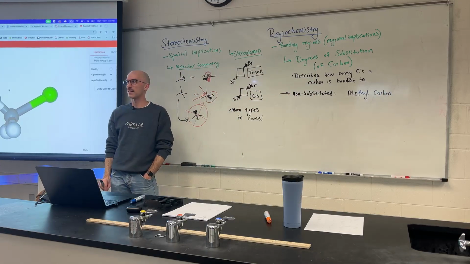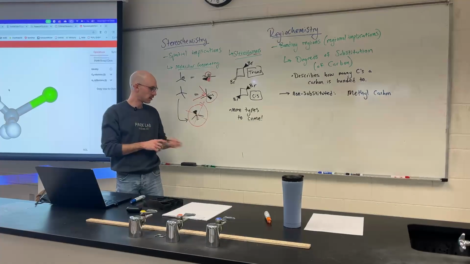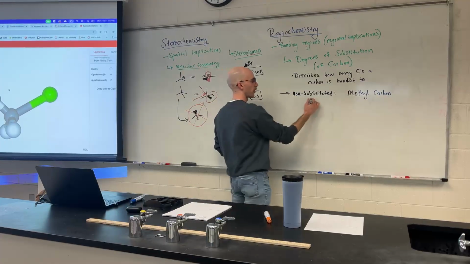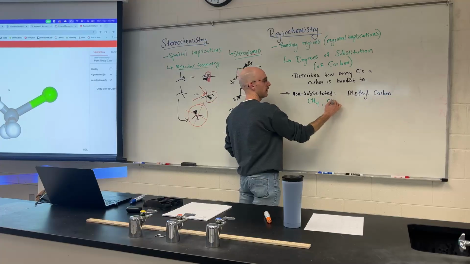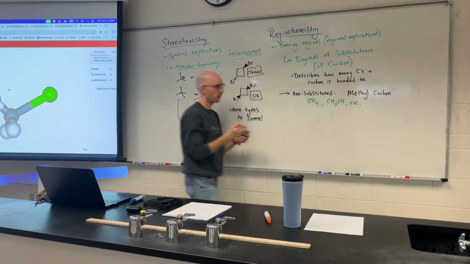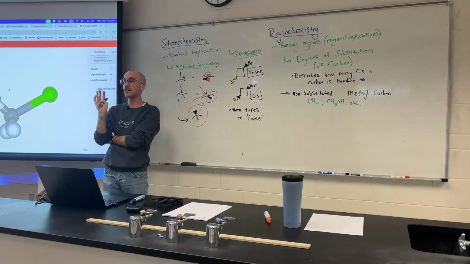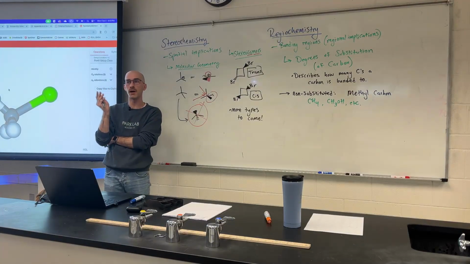That's a carbon that is bonded to 0 other carbons. You've heard of methane. You've heard of methanol. There are many, many more. These carbons are bonded to other things, but they are not bonded to other carbons.